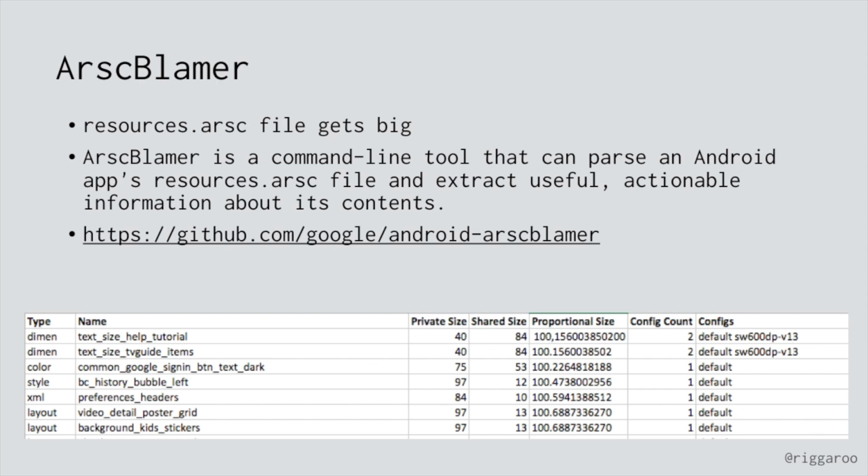So if you have a string or a Boolean value for if it's a tablet and you don't have that value for other different configurations, this resources.arsc file gets really big from those kind of changes that you do. ArscBlamer is a command line tool that you can run on your Android app, and it will give you a useful CSV file that you can extract information from and decide what is taking up a lot of space within your app.